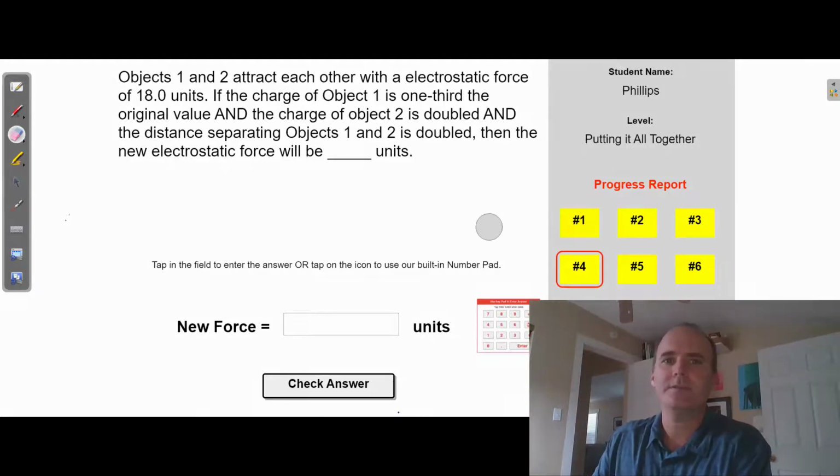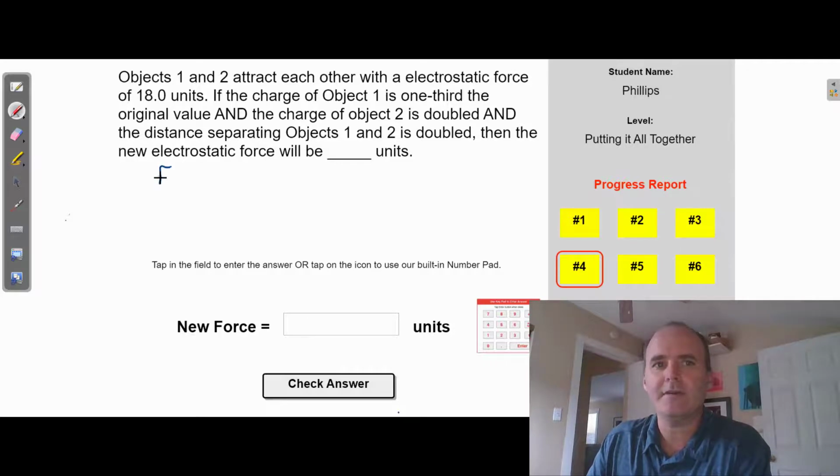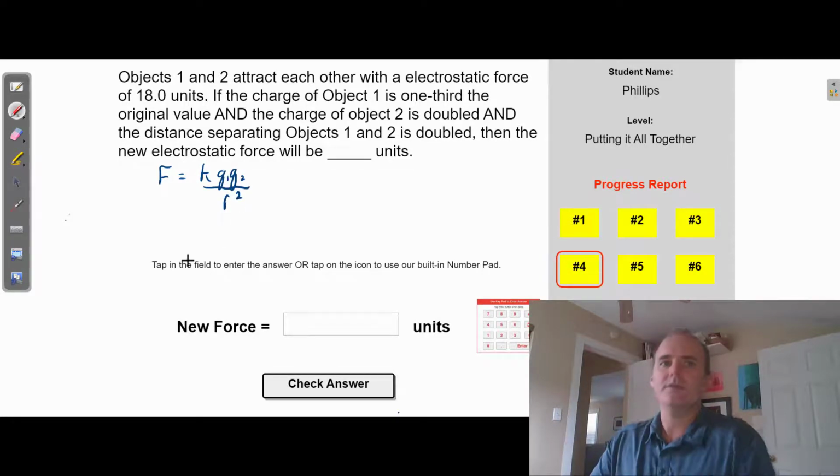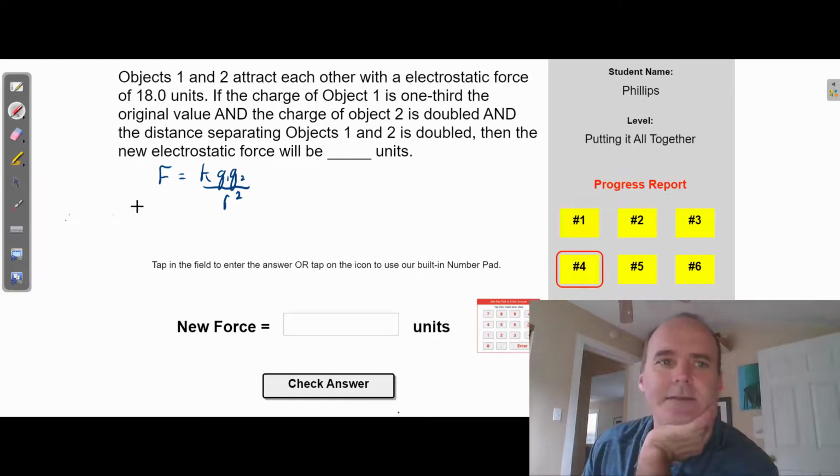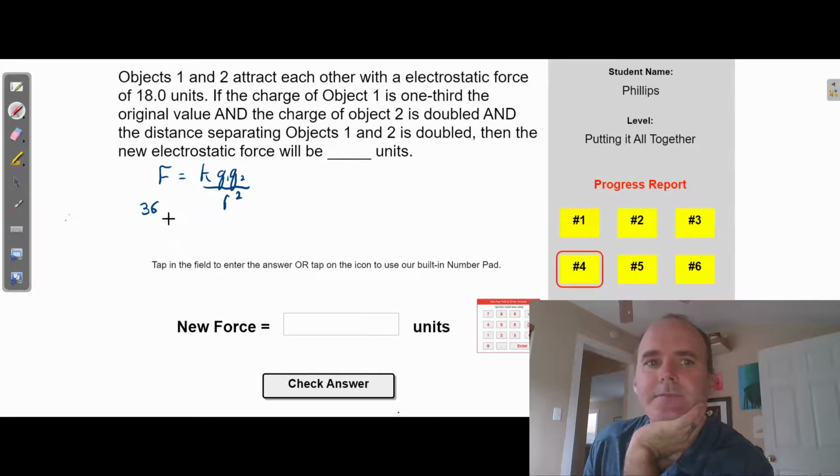All right, so this one is tricky. So let's come through, and now we have F equals K Q1 Q2 over radius squared. So I'm going to write all of this down. So let's write it with my original force was 36.